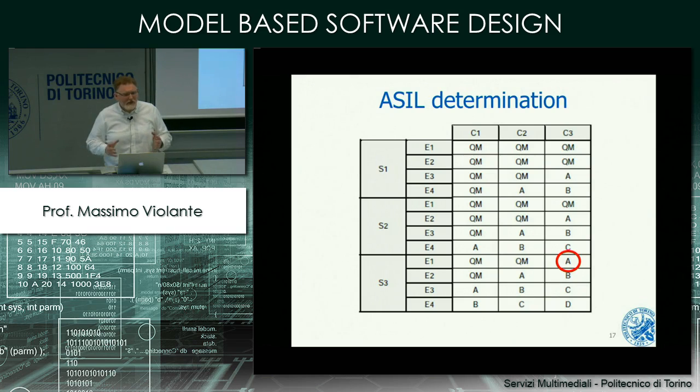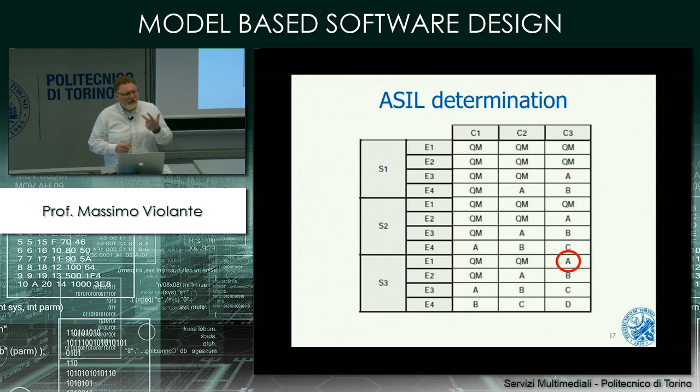Remember that the risk is a combination of 3 elements: the exposure, the probability of being in the critical situation; the severity, how bad the result of the accident is; and the controllability, how much you can take control of the vehicle that is not doing what you intended to do.